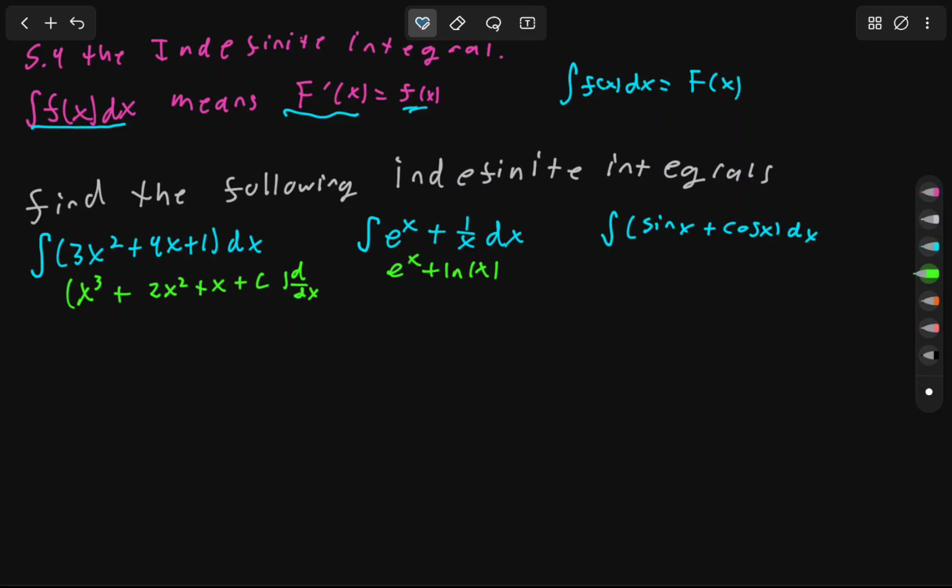Well, the integral of sine is going to be negative cosine. We have to really think backwards here. What function's derivative is going to give us sine? And that's going to be negative cosine of x. And then we have to remember always our plus C.